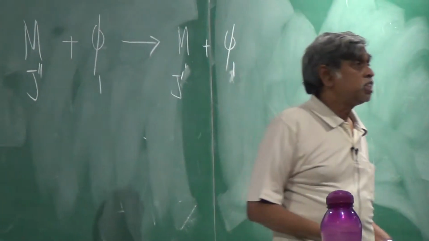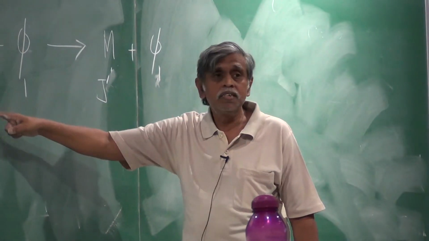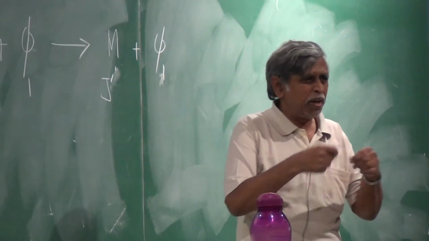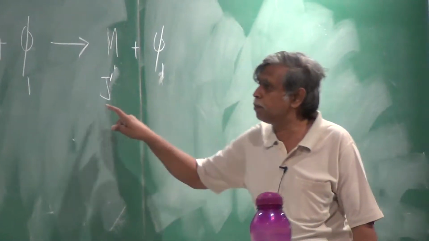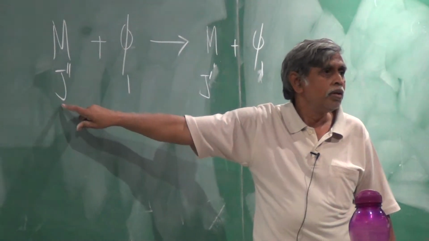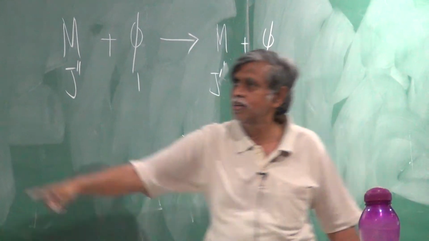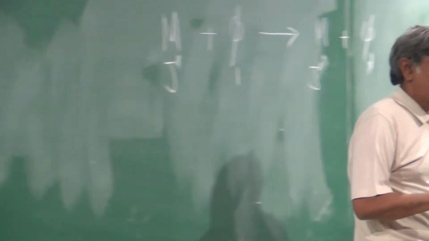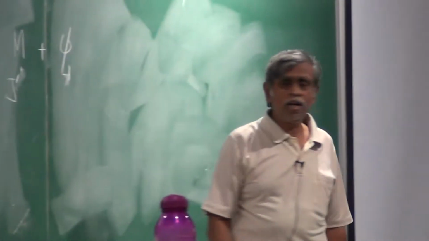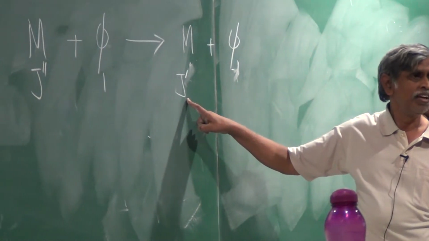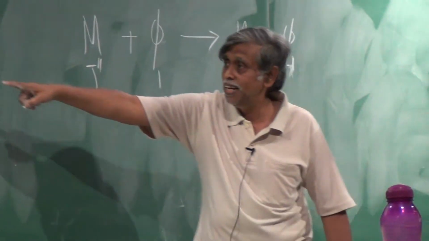the angular momentum has to be conserved in this process, before and after. So if this has to be conserved, of course it could be plus or minus 1. But if this was plus 1 and this was plus 1, then what should be J prime and J double prime? They have to be the same. There is a delta J equals 0. If this was plus 1 and this was minus 1, what should happen to this fellow? That's sitting out here.